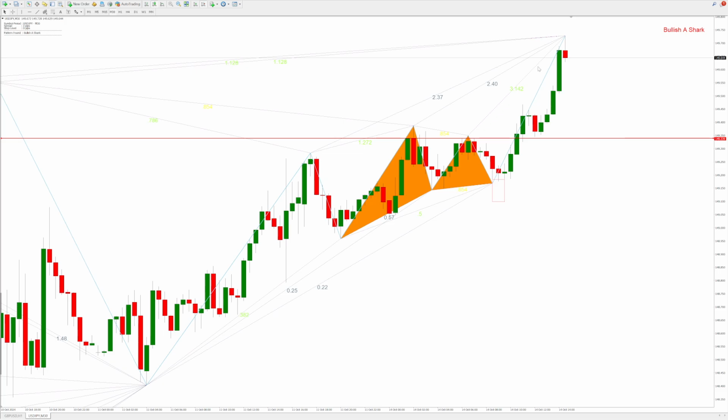The shark pattern is based on Fibonacci levels. If you're not quite sure what these are and how they apply to trading, please see some of my other videos where this has been covered. In a nutshell, they are quite reliable levels for analyzing the price action and patterns, and you can find the shark pattern without using any indicator.